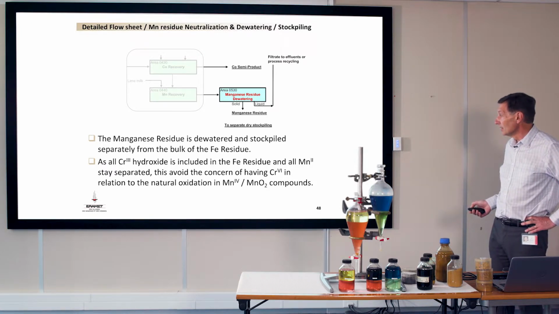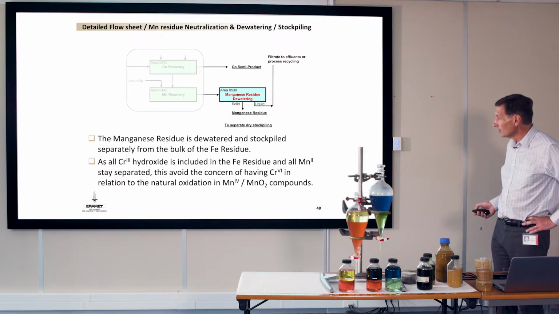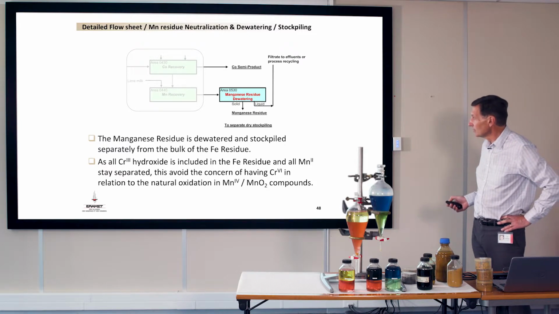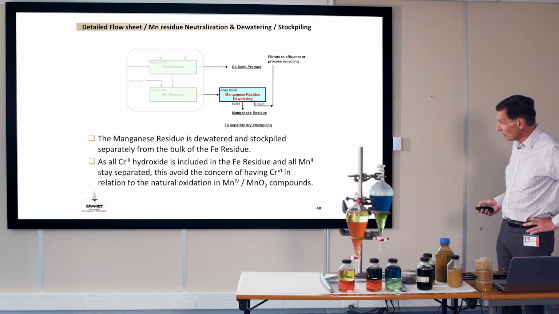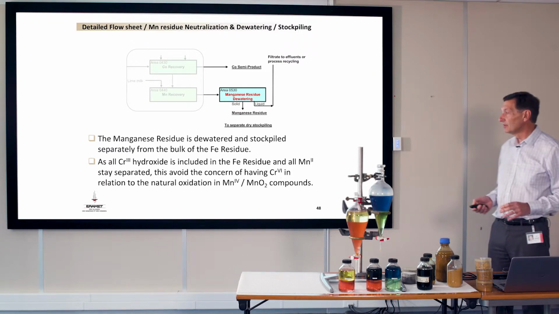If you put chromium 3 with the manganese oxide obtained by precipitation of manganese, you create this chromium 6, and for the environmental part, it is very deleterious, and you have to avoid it. The conclusion is that you have to separate the manganese residue and put it in a specific area.